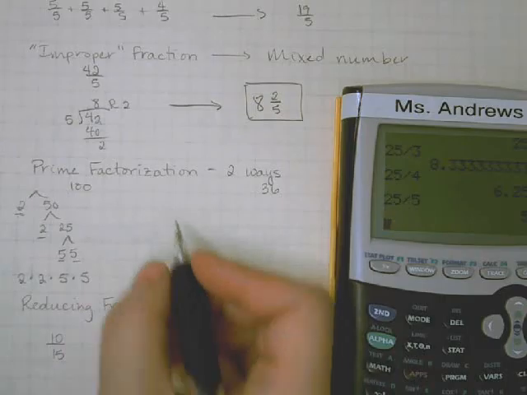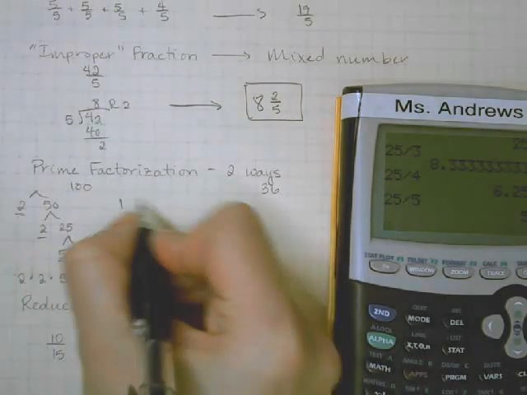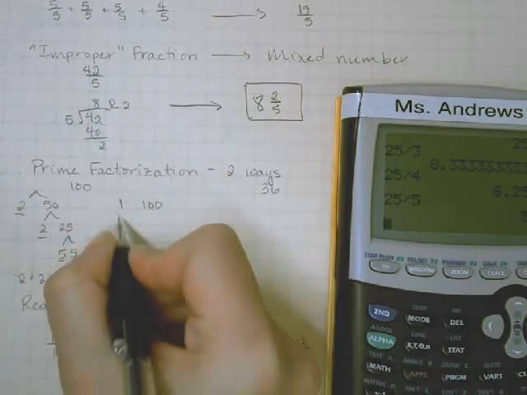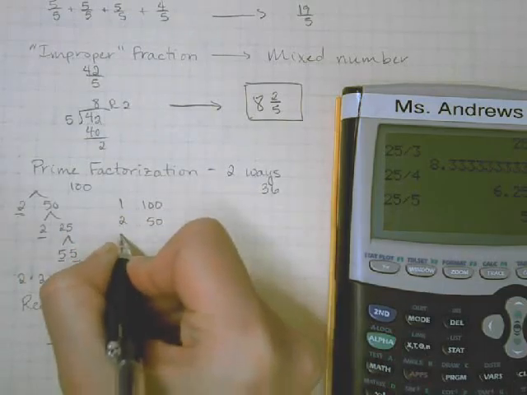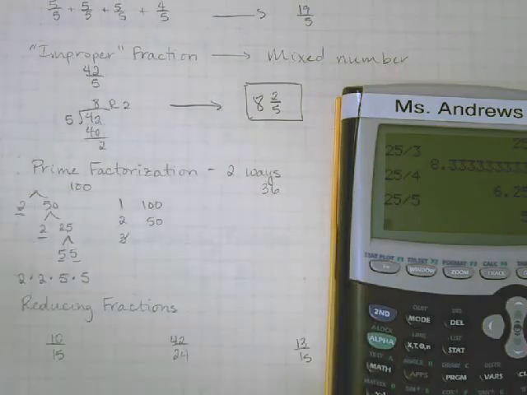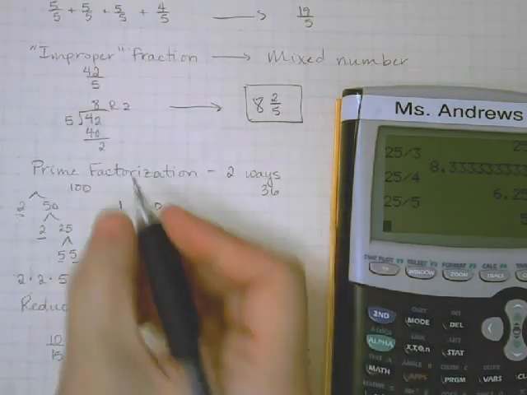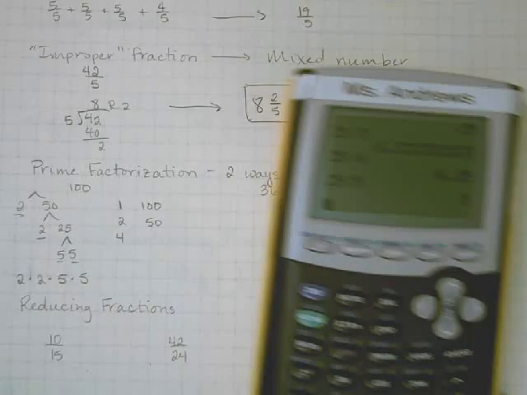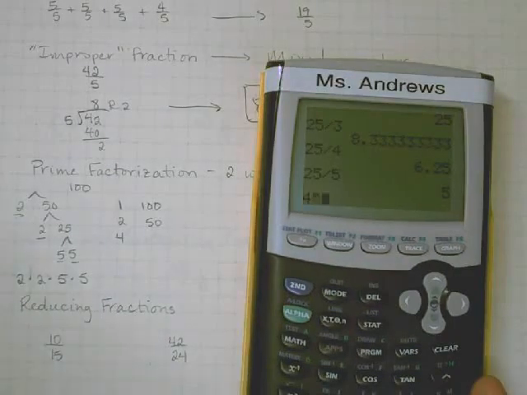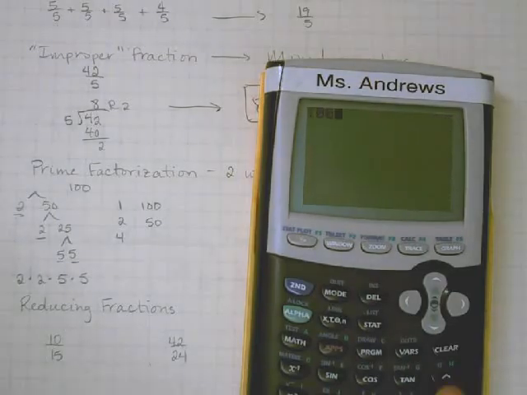You go to 3, it's not divisible by 3, so I'm not going to use 3. Then I go to 4. 100 divided by 4 gives me 25. 100 divided by 5 gives me 20.